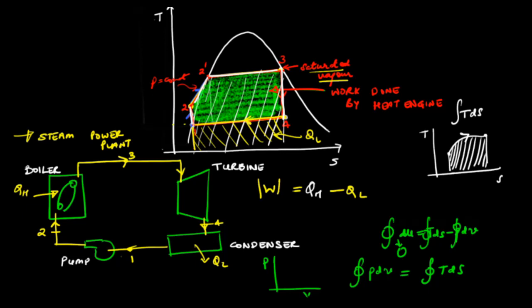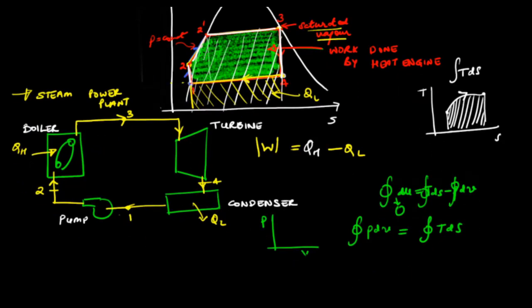And even if the system is a flow system, this area would denote the specific work, that is minus W dot CV over m dot. W dot CV in our notation is the rate of work done on the system, and minus W dot CV is the rate at which the system does work.